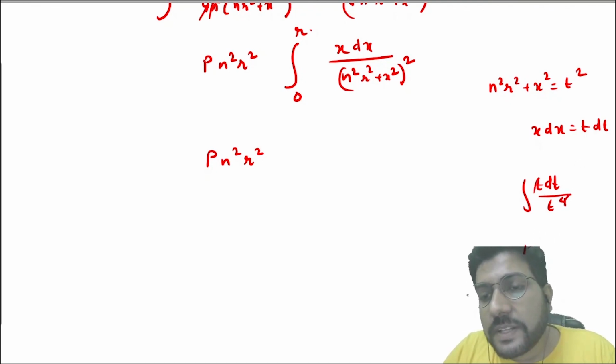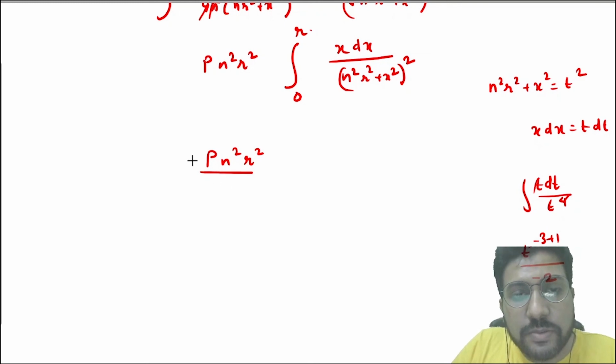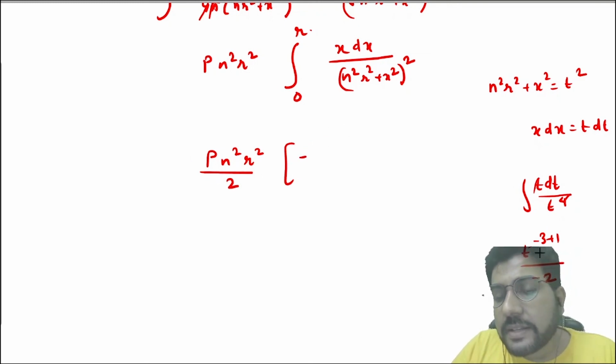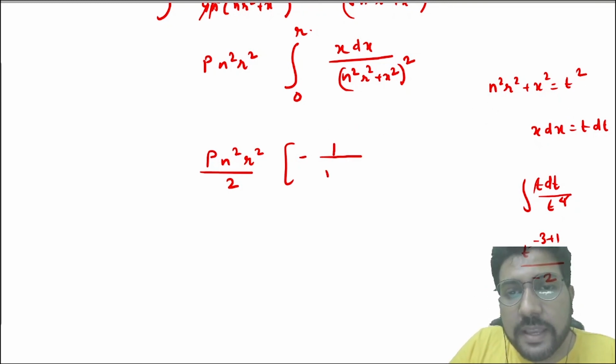So t cube dt, that is t power minus 3 plus 1 divided by minus 3 plus 1. Okay, so I will write here minus 1 by 2 t square. Okay, and t square is this, so minus of 1 by (n square r square plus x square). Integrate it from 0 to r.